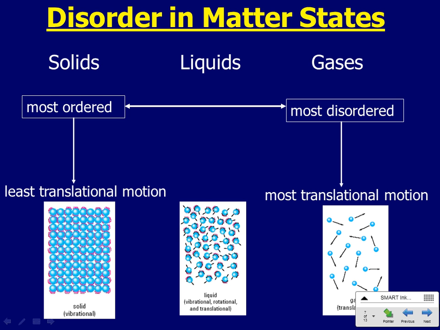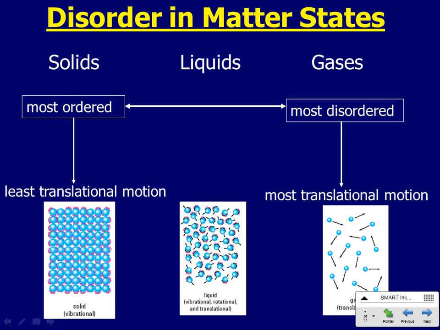We want to talk about the way particles exist in solids. They're highly ordered. In other words, they're sitting in nice little rows and crystals. They have very little translational motion. Vibrational motion is really what dominates in a solid.